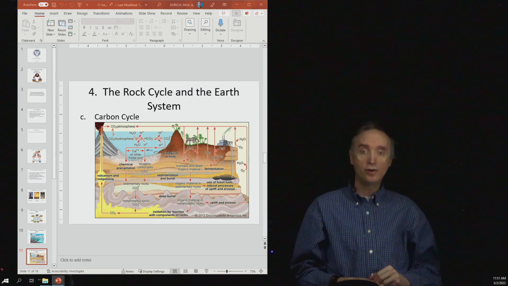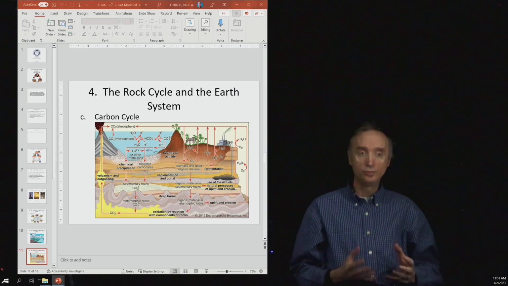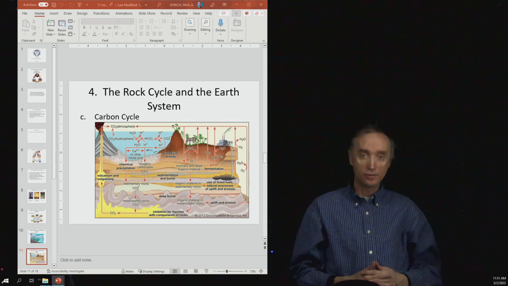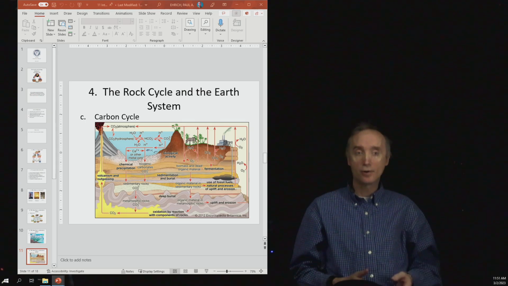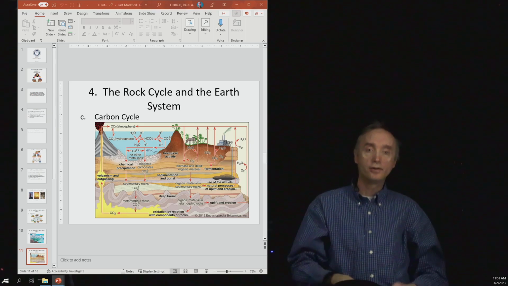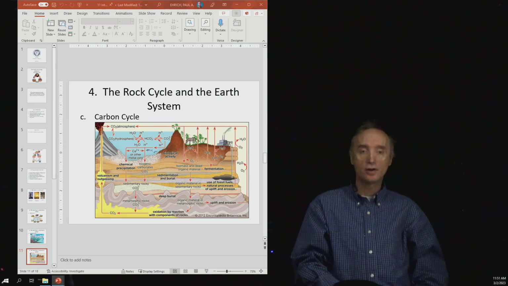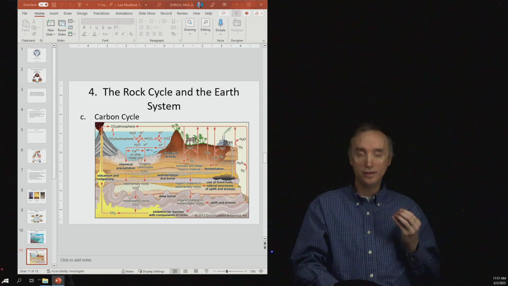Then you also have what humans can do. Humans, with our cars and our power plants, also produce carbon dioxide, which goes into the atmosphere. Later in the course, we're going to talk about how this carbon cycle causes the greenhouse effect, which can be warming up the climate.